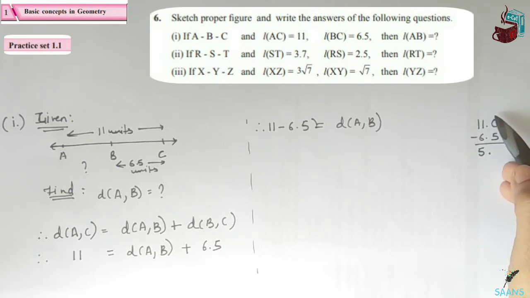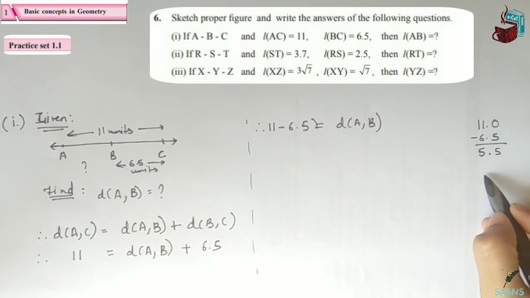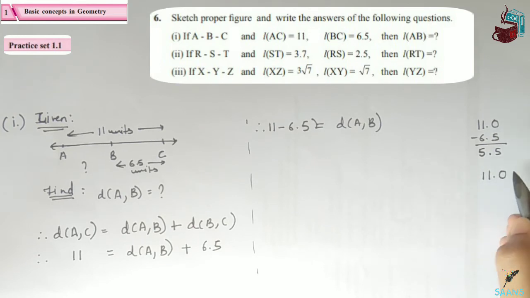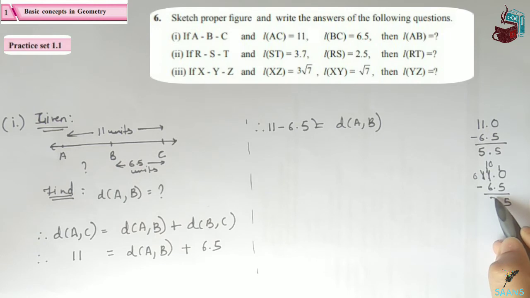Let me show you that in short. 11.0 and 6.5. 5 cannot be taken from 0, so we'll borrow. 1 becomes 0, this becomes 11. 11 becomes 10, 1 gets carried away. 10 minus 5 is 5 and 10 minus 6 is 4.